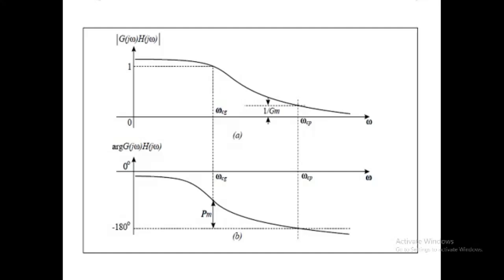Therefore, the transfer function for the open loop system is G(j omega) H(j omega). Similarly, putting s equals j omega in the closed loop transfer function, we get G(j omega) in the numerator upon 1 plus G(j omega) H(j omega).